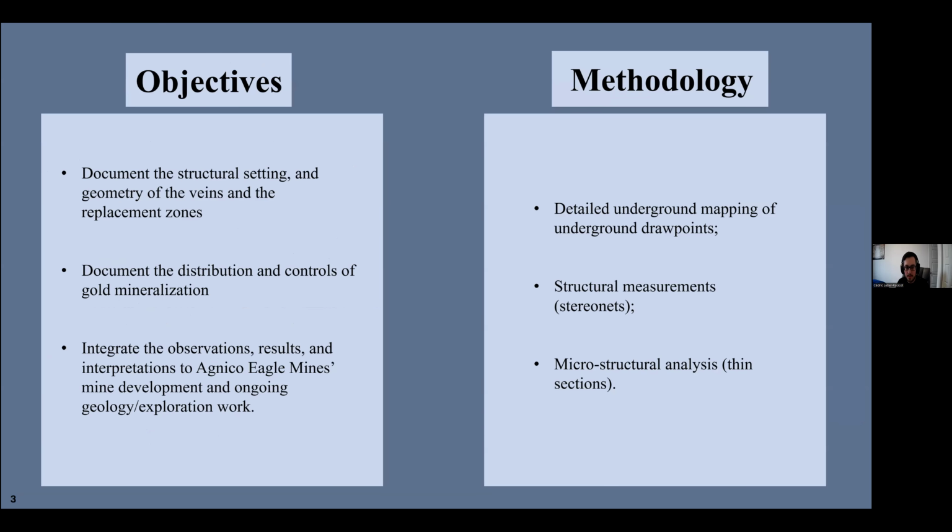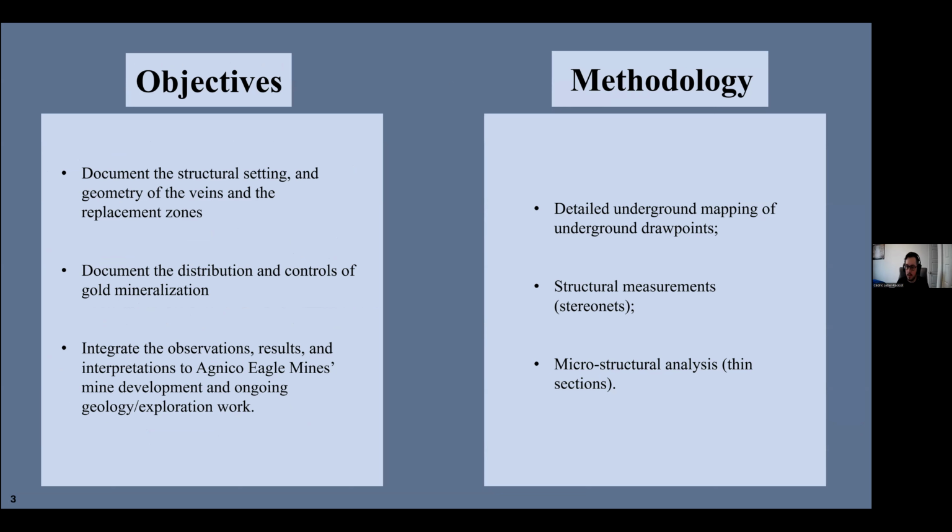So the objectives of my study were to document the structural setting and geometry of the veins and the replacement zones, to document the distribution and controls of gold mineralization, and finally to integrate my observations, results, and interpretations into Agnico Mines' mine development and ongoing geology/exploration work.